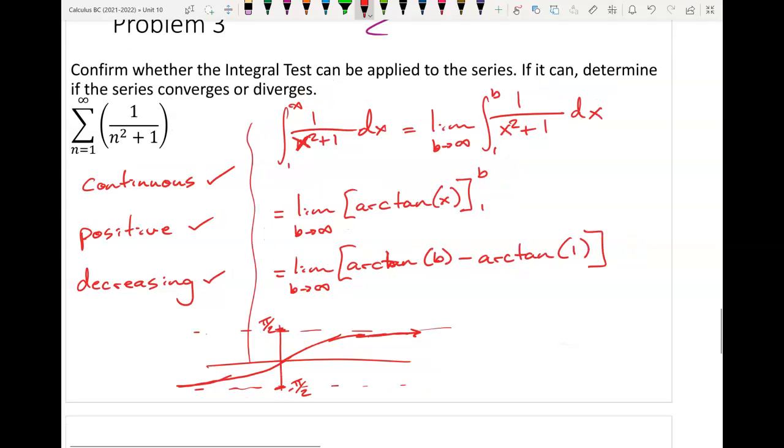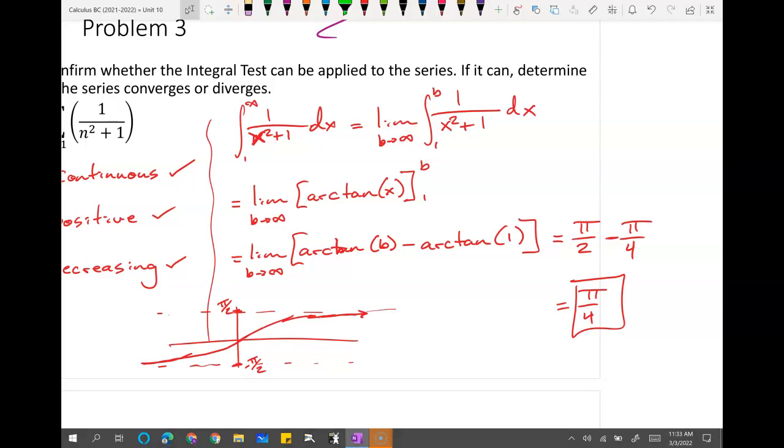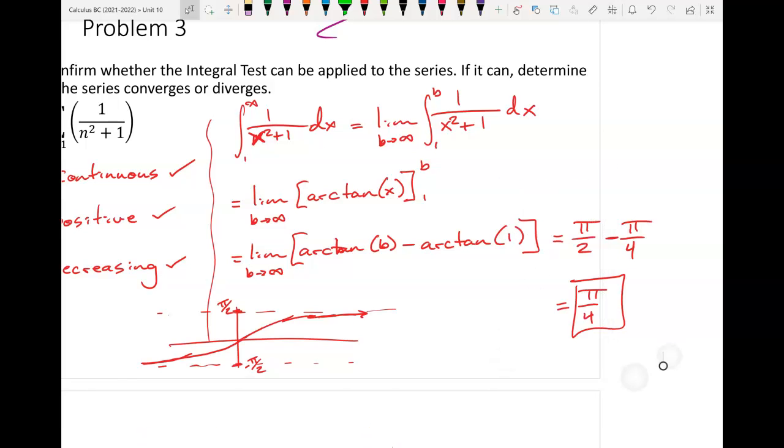What does it reach? Not infinity. It equals pi over 2. And then what is arctan of 1? Pi over 4. So that's just equal to pi over 2, right? Oh, wait, no, yeah, pi over 4. Yes, pi over 4. There we go. So this converges, all right?